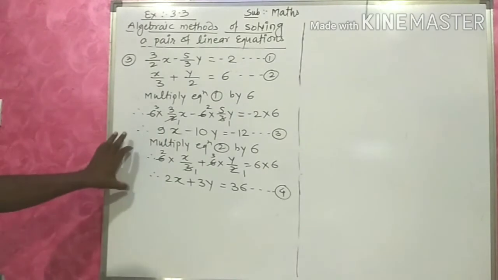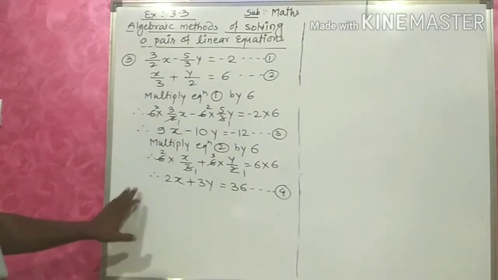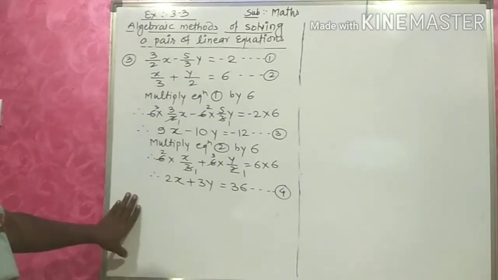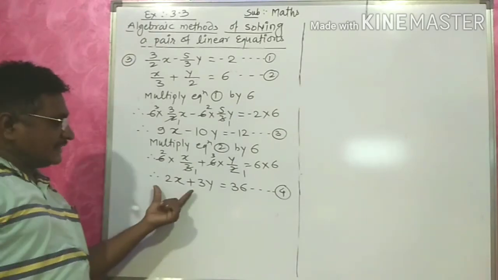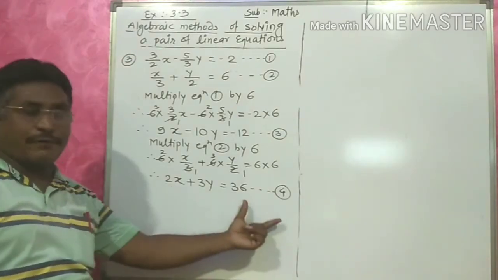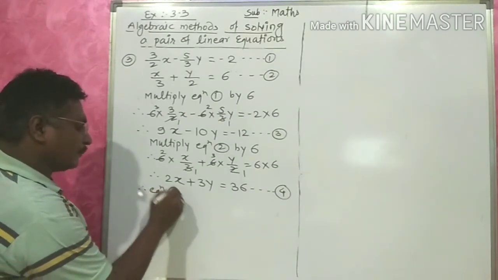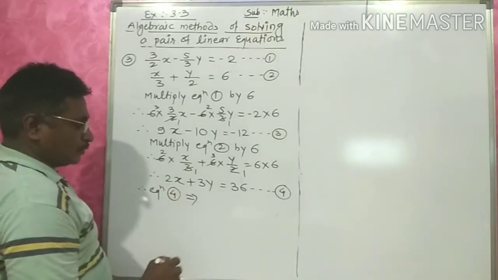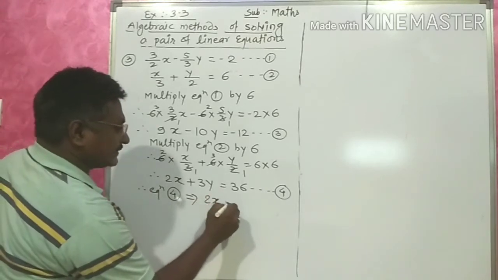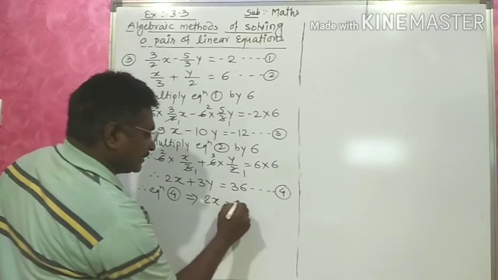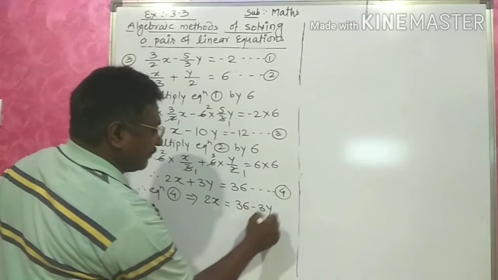Got the simple equations? Now this has to be transformed. So equation 4 we will transform. So therefore equation 4 becomes 2x equals to 36 minus 3y.